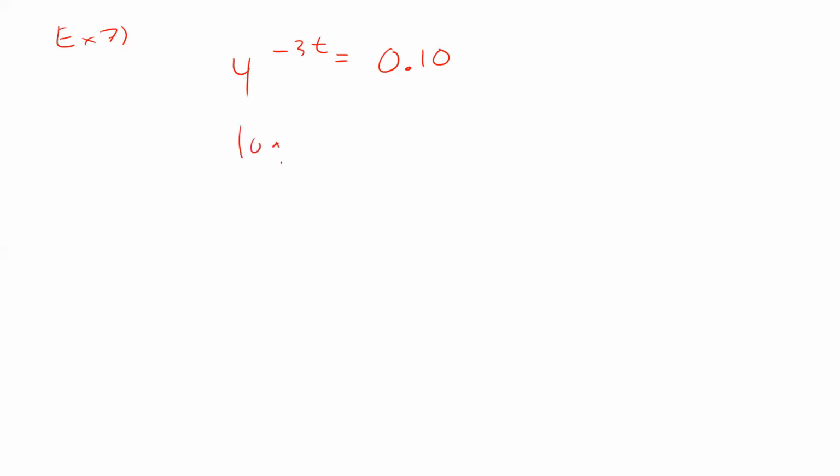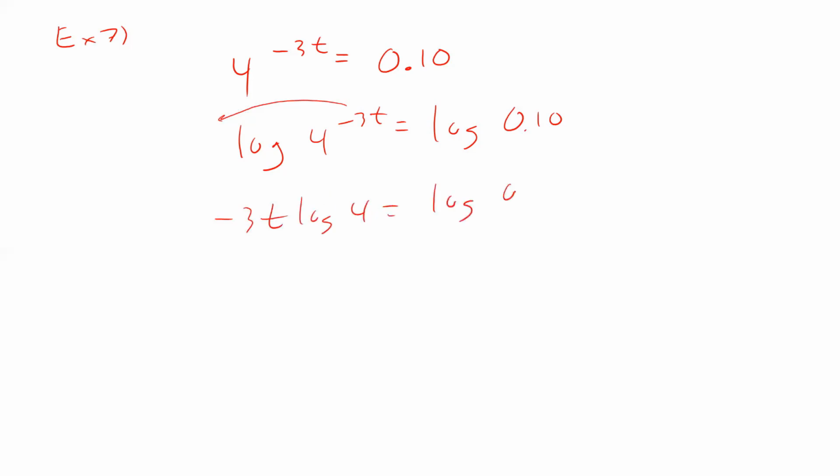But let's go with it here. So log, I'm going to still use this one here. And log on this side. Notice it's the same process, right? Put in the log, multiply to the outside, and divide out by what you need to get rid of things here. In this case, negative 3 log of 4.